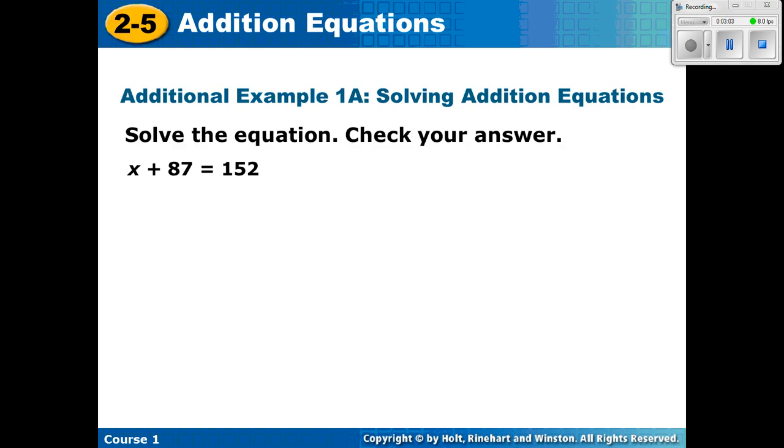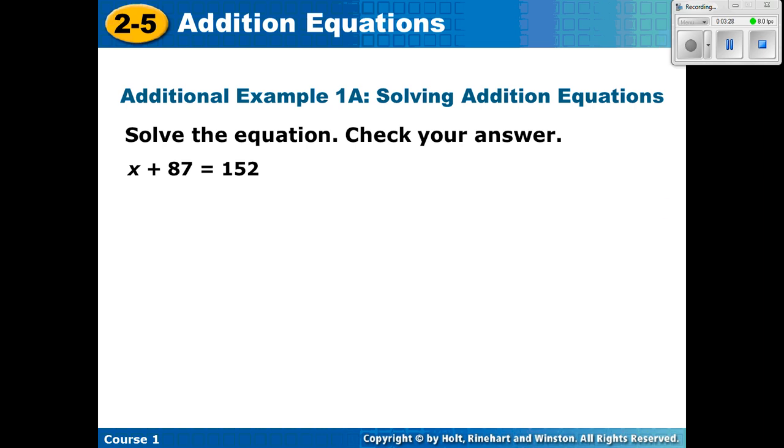So now we're going to solve the equation again, and we're going to learn how to check our answer. So let's look at this problem. x plus 87 equals 152. Well, this is an addition equation, so I know that I'm going to use subtraction, and I'm going to subtract the number that is next to that variable, which is the 87.